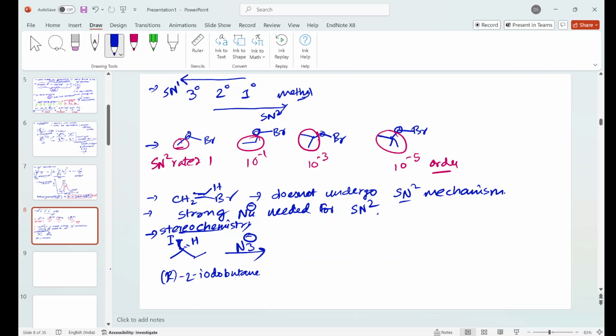What you get here is the inversion of configuration.